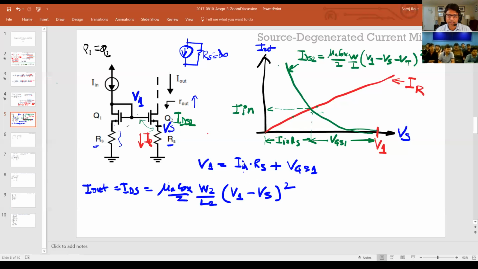Now, if you substitute this V1 over here, and Vs is nothing but I out times Rs, you'll see that the only thing which solves this equation is when I out is equal to I in. I won't go through the whole equation, but it'll be pretty easy to see if you just expand the equation.